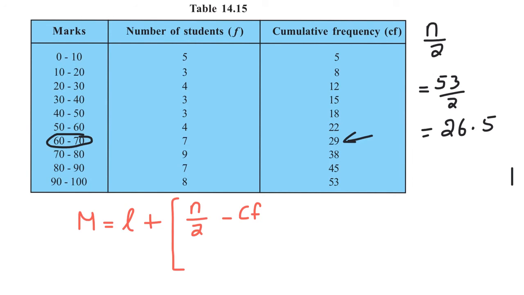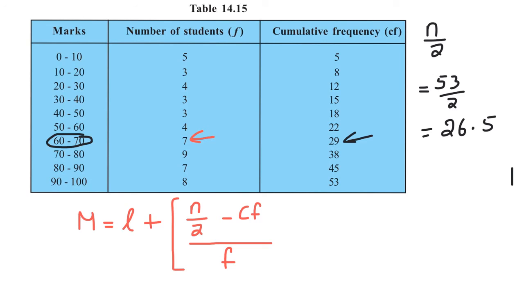What is our L? The lower limit of the median class, which is 60, divided by F. And F is the frequency of the median class. What is the frequency of the median class? Frequency of the median class, F, that is 7.